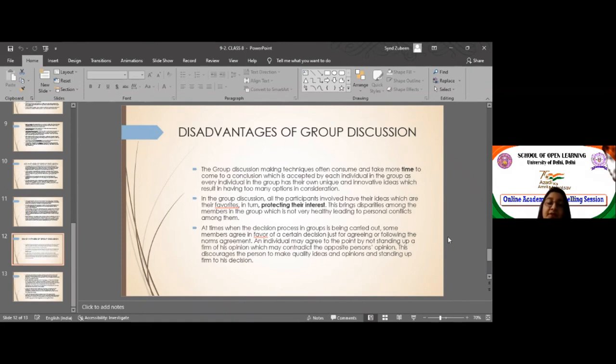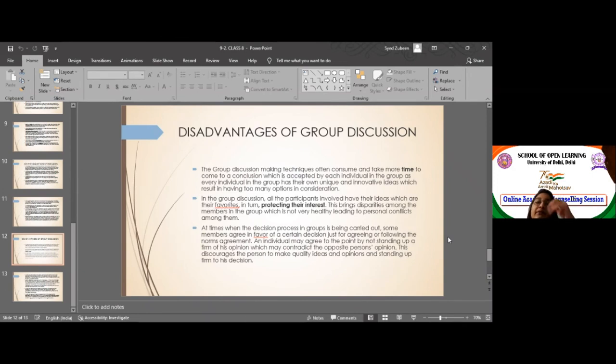The group discussion making techniques often consume and take more time to come to a conclusion which is accepted by each individual in the group, as every individual in the group has their own unique and innovative ideas, which result in having too many opinions in consideration.